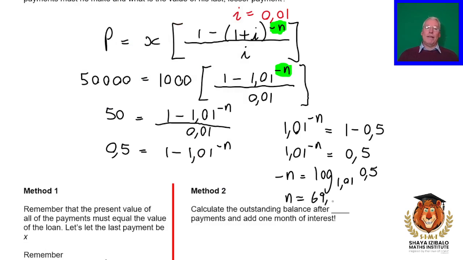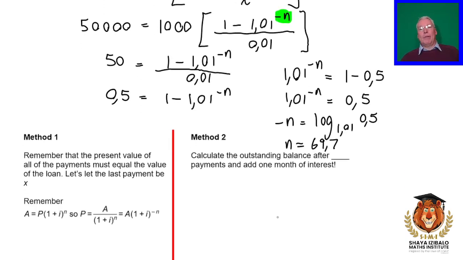So what that means is that he's going to make 69 full payments of 1,000 Rand, and then one last lesser payment. One way of working this out is to work out the outstanding balance after 69 payments, and then add 1 month's worth of interest. That's easily worked out.